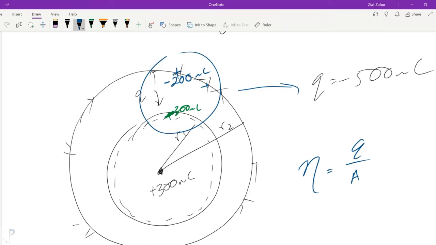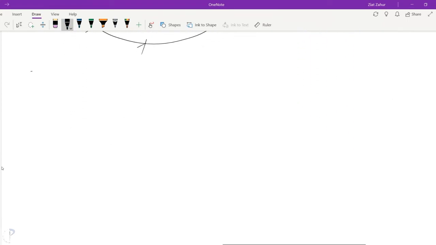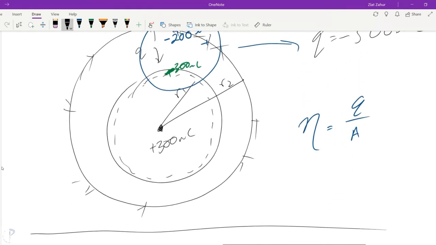Go where? All right, mechanics FRQ. Mechanics FRQ. Oh yeah, I mean, area is 4 pi r squared. 4 pi r squared is the area.